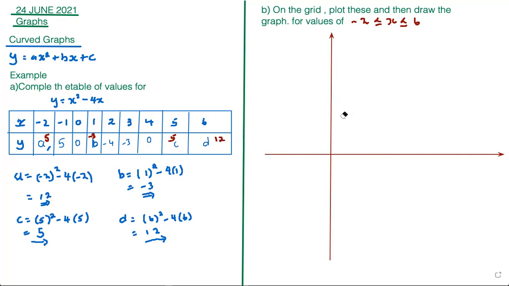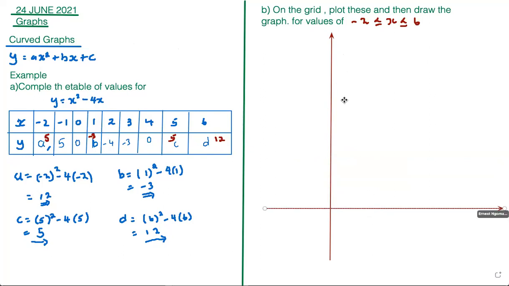So I need a bigger space on this side than down there. So I'll move the x-axis down there so that I can go up to 12 on that side, and here I only go to -4. So with that, I'll have enough space.